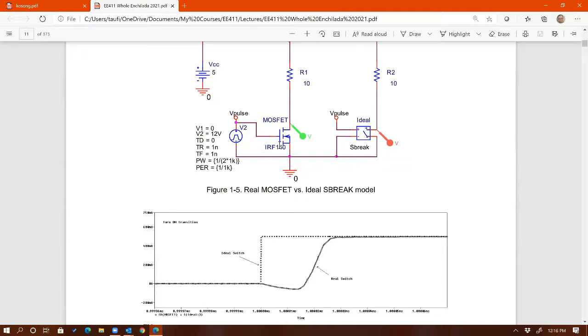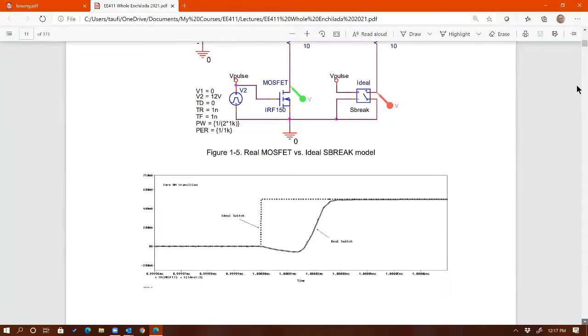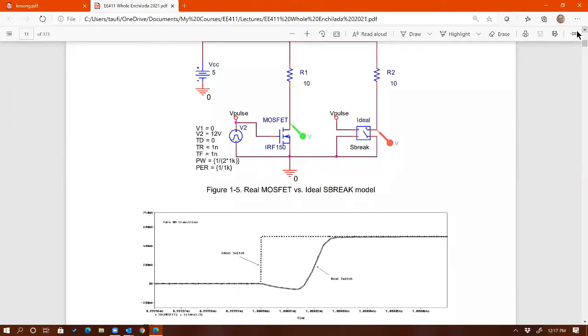It used to be big in MOSFETs, but that company has been bought and is now part of a bigger company called Infineon. So there's no longer International Rectifier, but they still keep these part numbers. So you still see MOSFETs with the prefix IR, IRF, and if you see that, it originally came from International Rectifier.